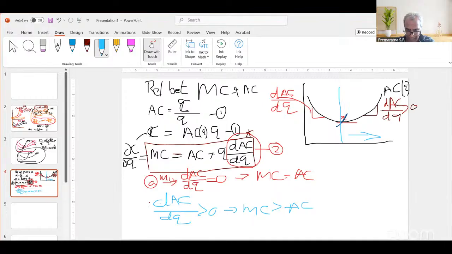For instance, let's say average cost is right now 8. If we add any positive number, let's say 2, then the marginal cost is 10.